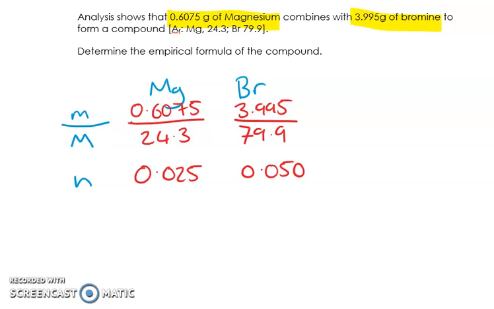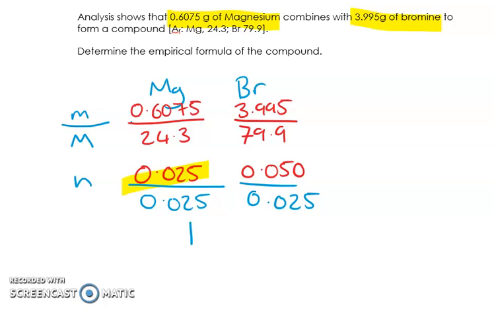So what we do next is we divide by the smallest amount of moles, and hopefully we can see in this case that that is magnesium here. So we're going to divide each of these by 0.025, and that will give us our final whole number ratio, and that, as we can hopefully see, gives us the ratio of 1 to 2.